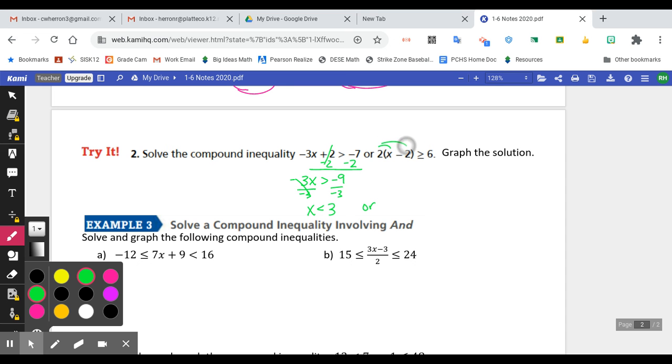Or distribute, and we get 2x minus 4 is greater than or equal to 6. Add 4 to both sides, and we have 2x is greater than or equal to 10. Divide by 2, and x is greater than or equal to 5. So our number needs to be either less than 3 or greater than 5.